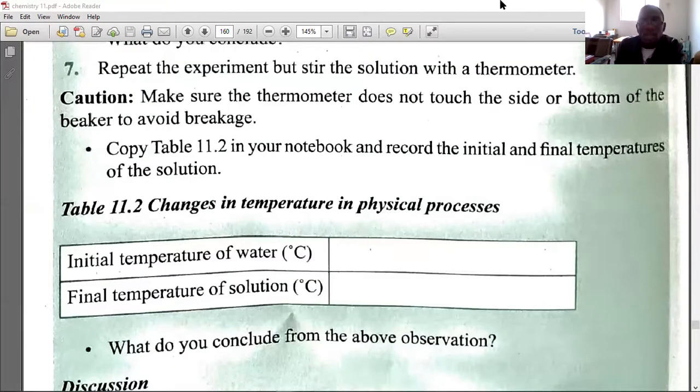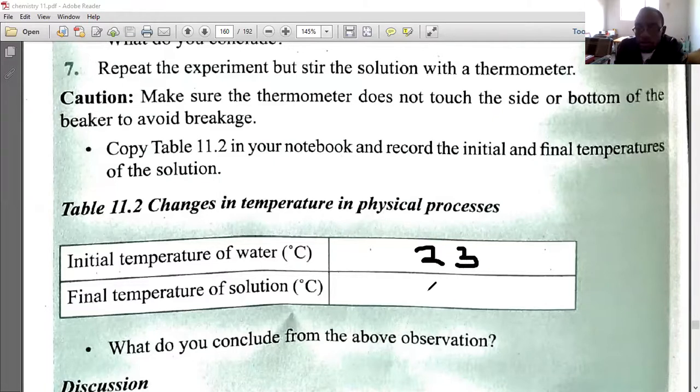In our case, the initial temperature of water in the endothermic reaction was 23 degrees Celsius. When we put in the solution, which is the barium nitrate, it came down to 21. When the temperature goes down, that is an example of an endothermic reaction.